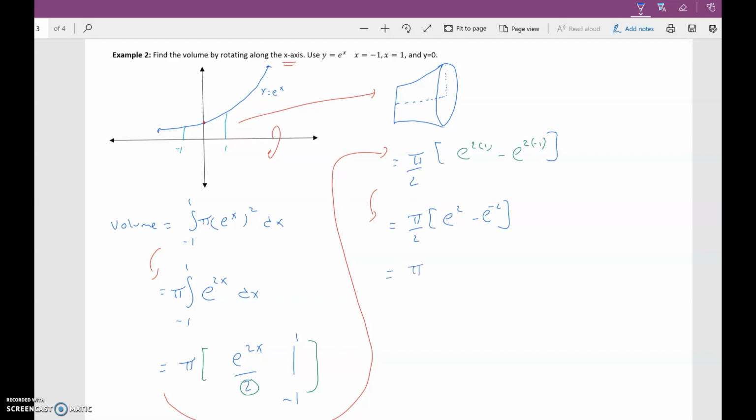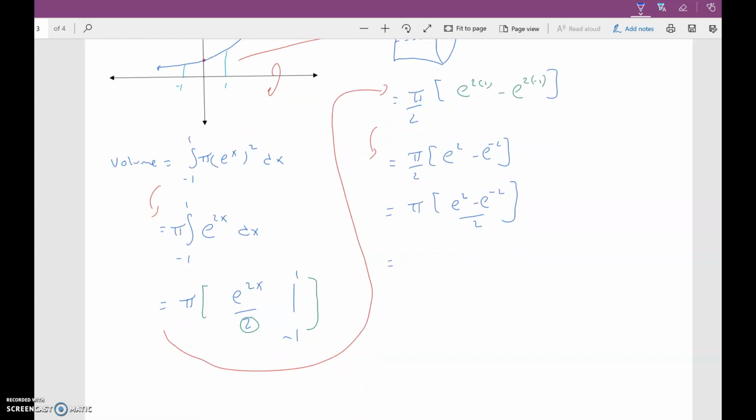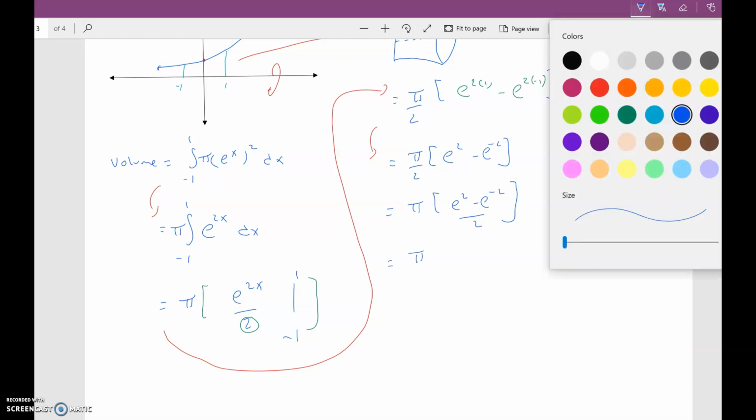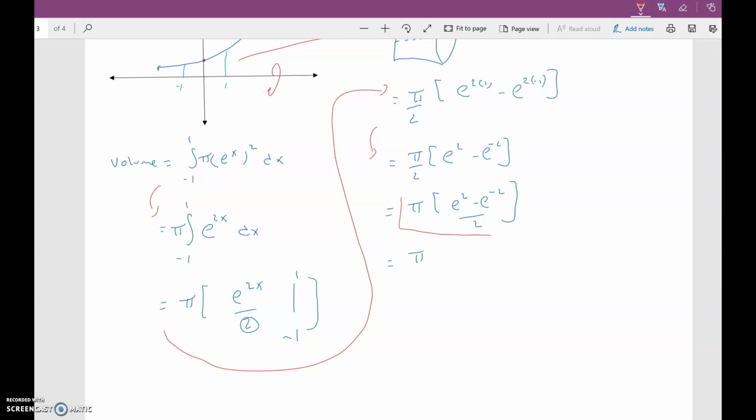And this is pi times e to the 2 minus e to the -2, divided by 2. As an exact value, you can leave it like this. This is pretty much good as an exact value.